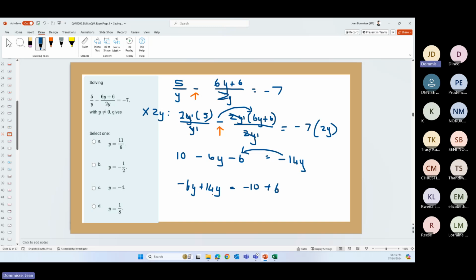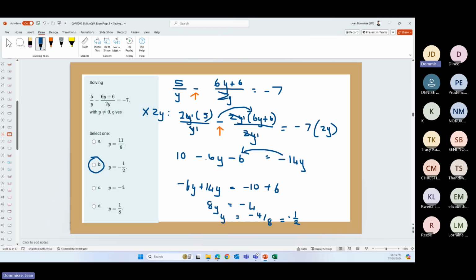So we've got minus 6y plus 14y, that's 8y, and that is equal to minus 10 plus 6, which is minus 4. The y is equal to minus 4 over 8, which is equal to minus a half, which is option B.